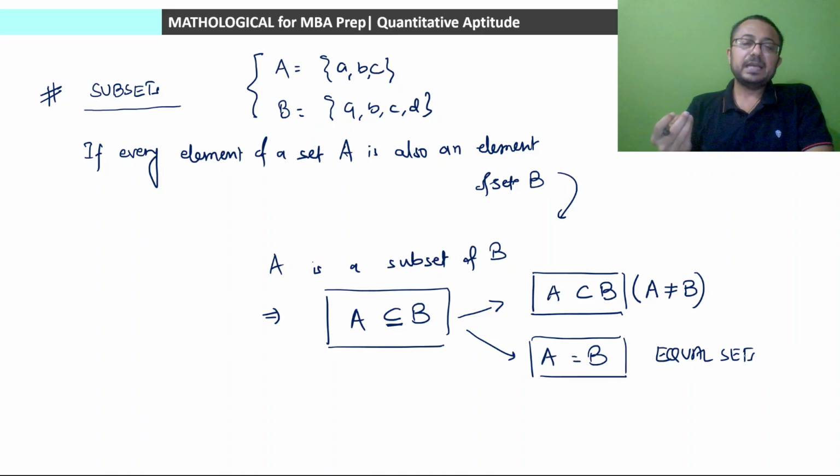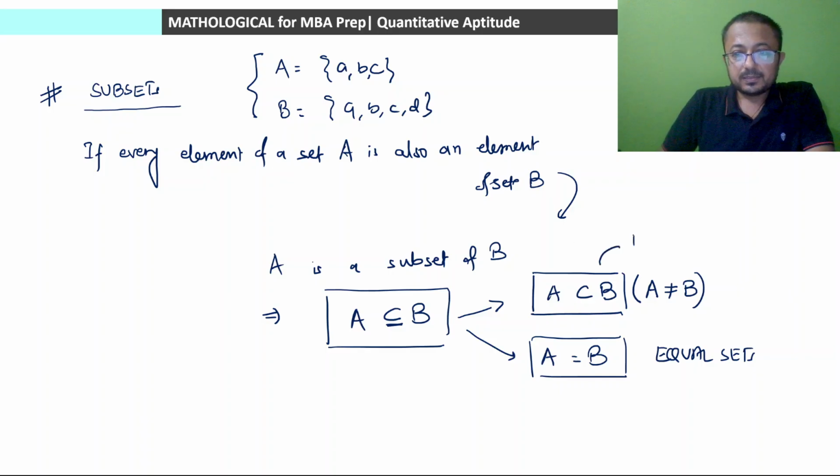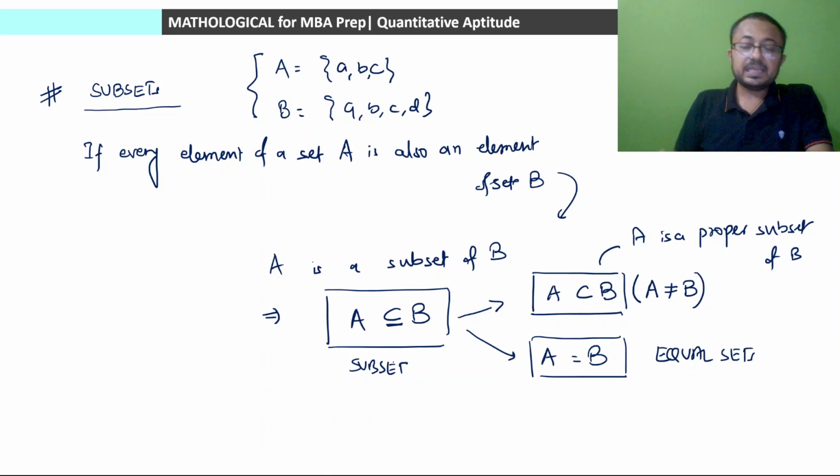Either A and B are equal, or unequal and A is a proper subset. देखो सबसेट तो यहाँ पे भी है, बट यहाँ पे ऐसा भी हो सकता है कि A can be equal to B. In that case, A and B will be equal sets. Otherwise, A is a proper subset of B.